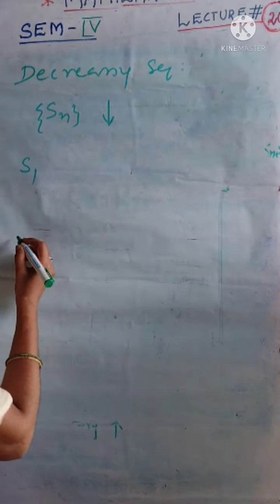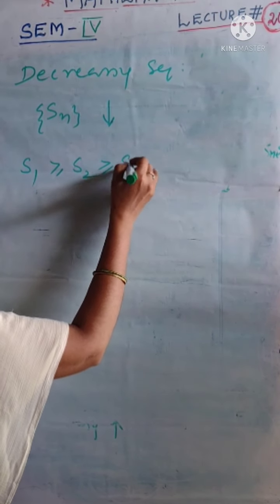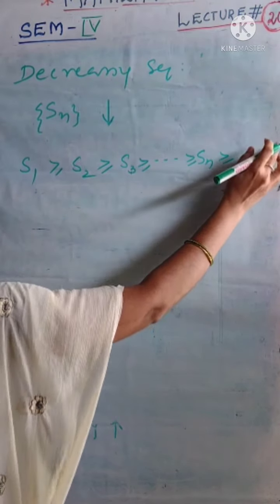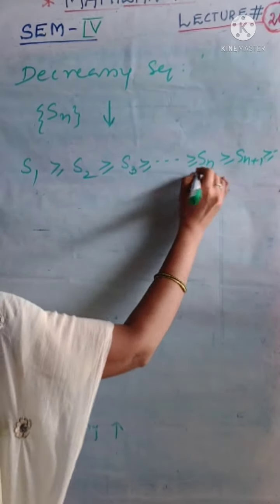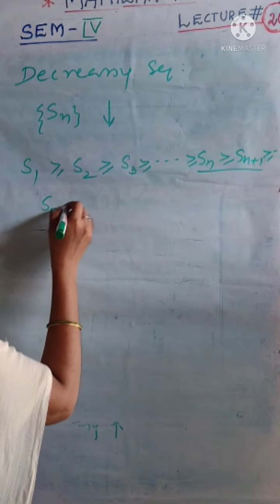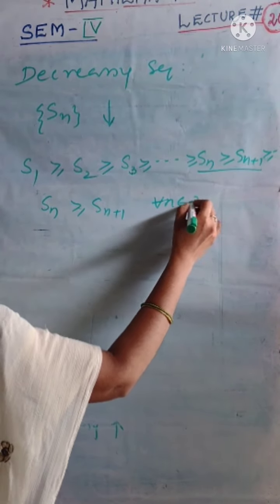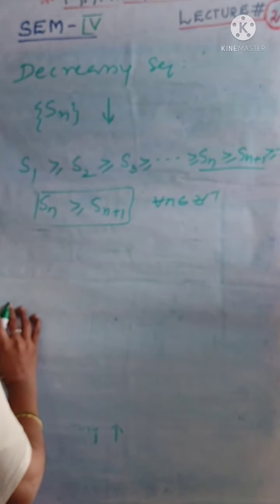The terms relation is like this: the first term is more than the second term, which is more than the third term, and so on. The nth term is more than the n plus 1th term, and so on. Which means smaller terms are bigger than the bigger terms. When such a relation occurs, we can confirm that the sequence is decreasing.